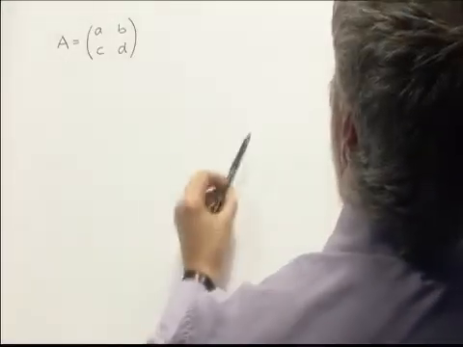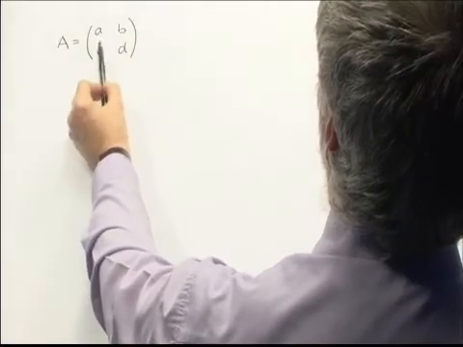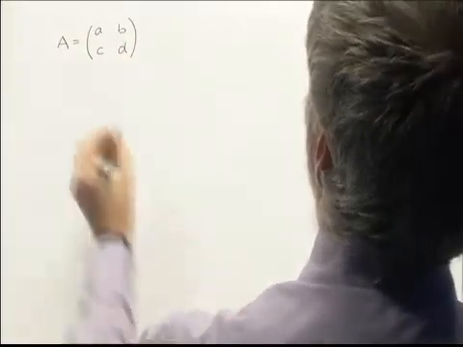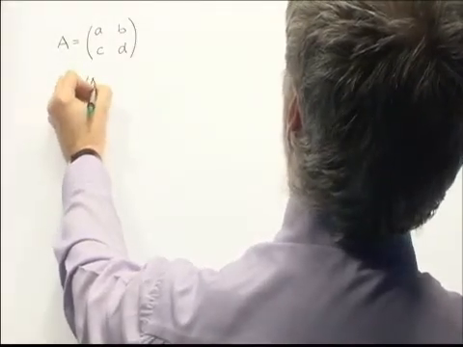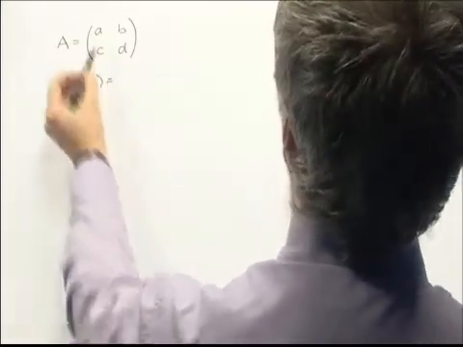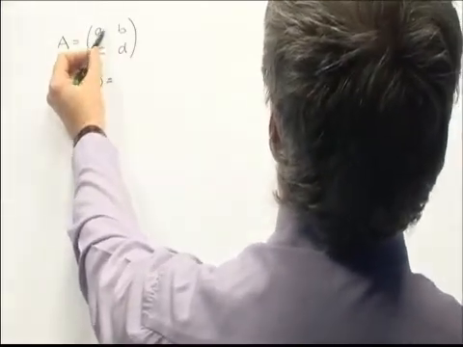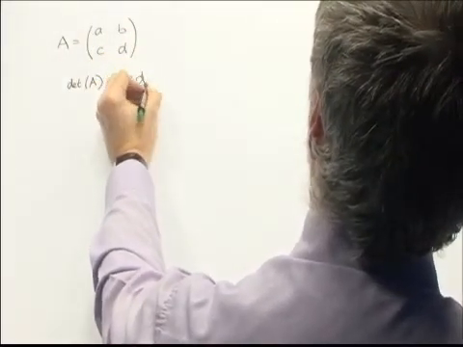Finally, we'll just look at a general 2 by 2 matrix. So here we have a matrix A, and the elements in this matrix are A, B, C and D. If we want to work out the determinant of A, we just follow the process we've already seen. We take the values on the leading diagonal and multiply them together to get AD.